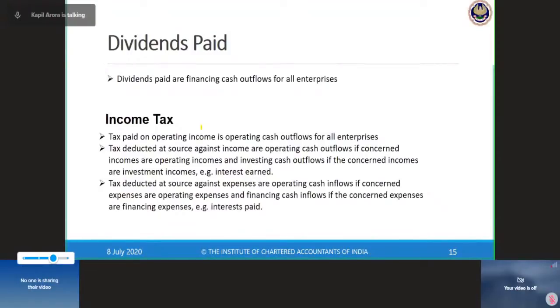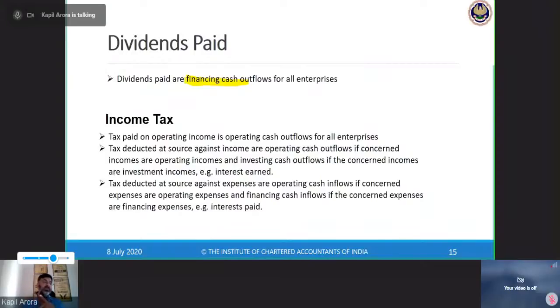So dividend paid will always be financing activities, whether you are a financial enterprise or a non-financial enterprise. Dividend received could be operating for a financial enterprise, but dividend paid would always be financing cash flows. I hope everybody is clear up to here on the treatment of interest, loans and dividend.